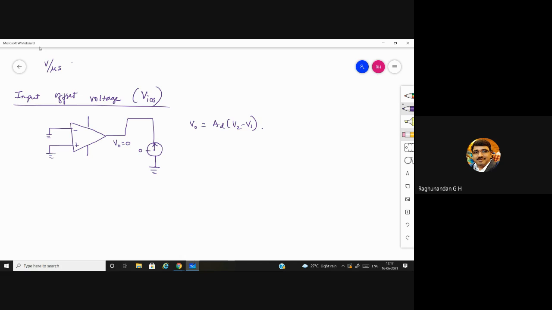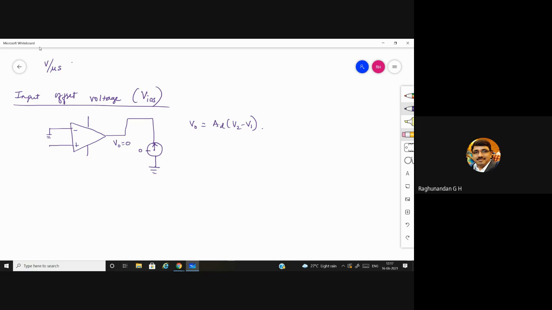The unwanted voltage which is present at the input side, because of which there is some small amount of voltage at the output even when V1 and V2 are grounded or V1 and V2 are equal, is known as input offset voltage.